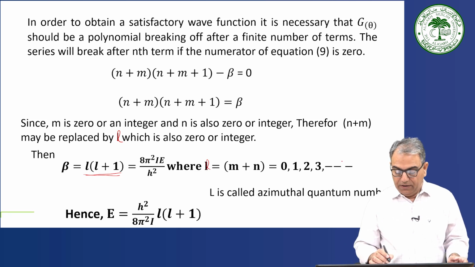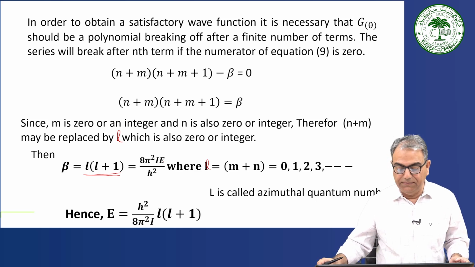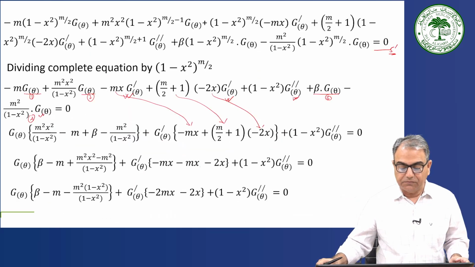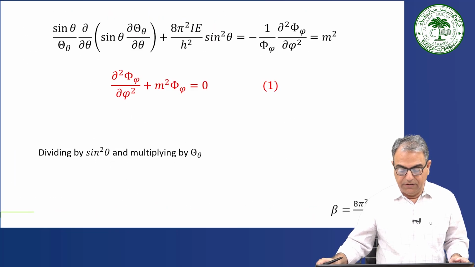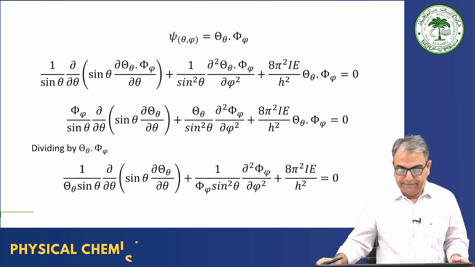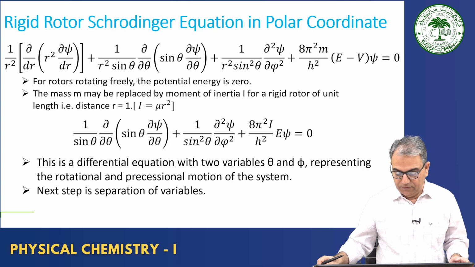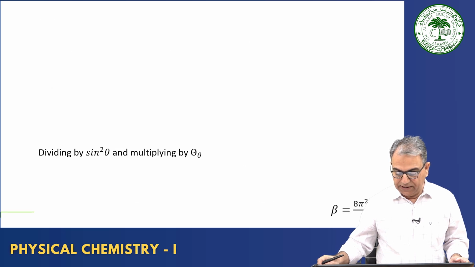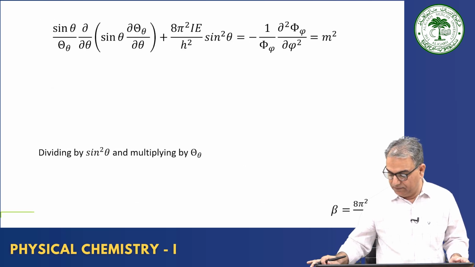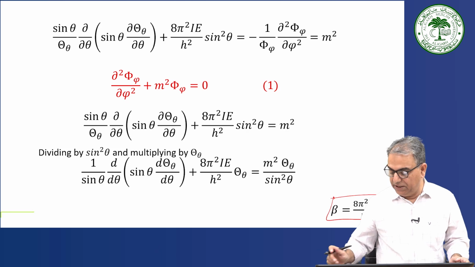If you want to see where I got the beta value, we got it from the initial equation when we separated the variables. This was the beta value, 8 pi square I E divided by h square.